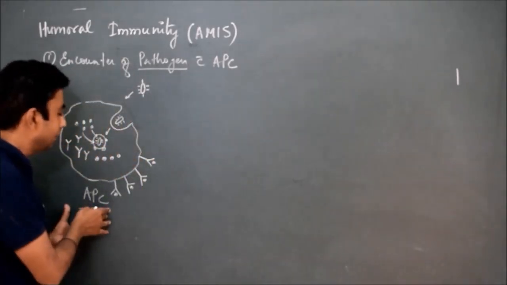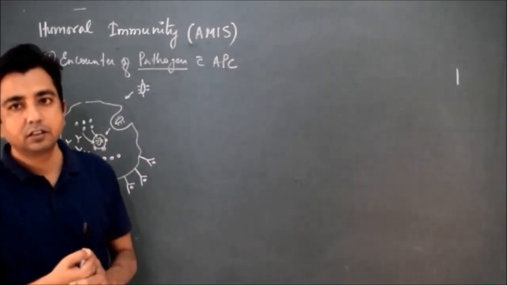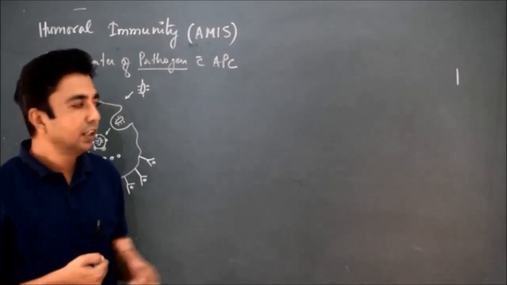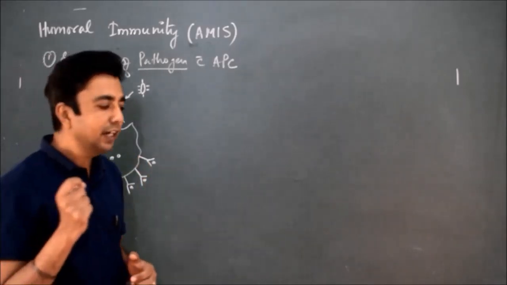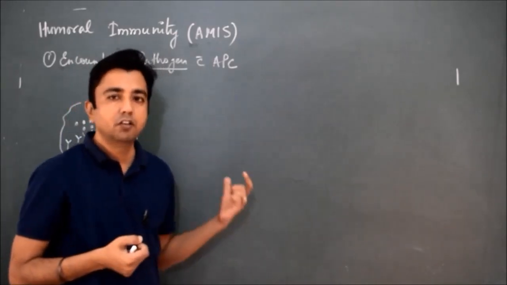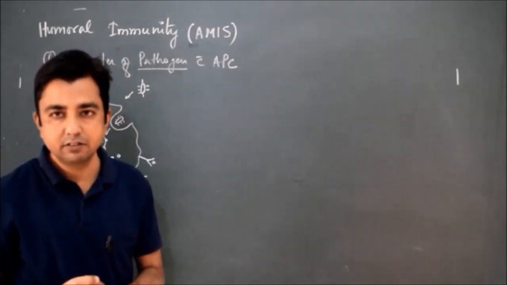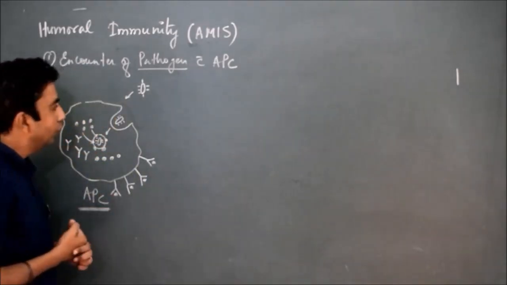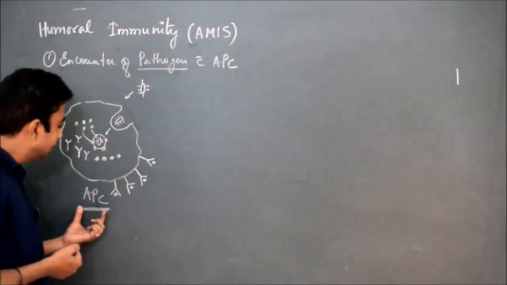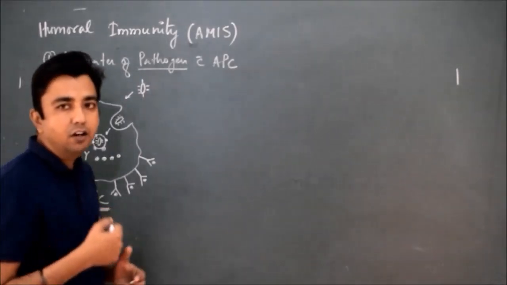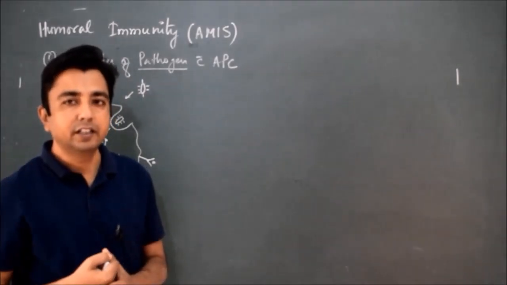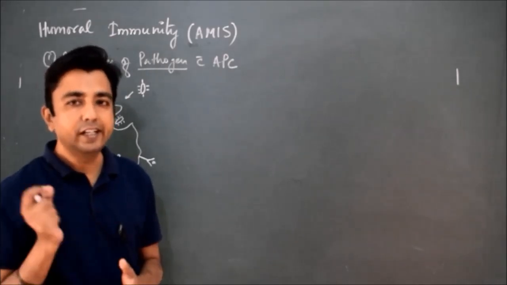So this APC will reach the lymphatic organ, say lymph node, and we know that in the secondary lymphatic organs we have B cells and T cells. Okay, now what will happen? This APC will first encounter a T cell, and that also a T helper cell.